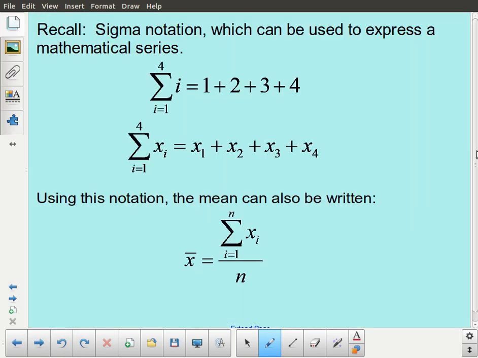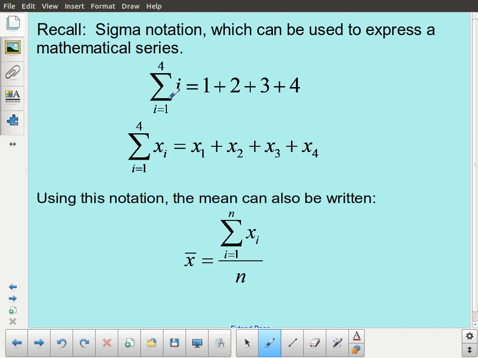Now, this is something else that we've covered in the course, which is sigma notation. Sigma notation is used when you're taking the sums of things. So the simplest sigma notation would be this one. Here I'm saying I want the sum. That's what the symbol sigma stands for.